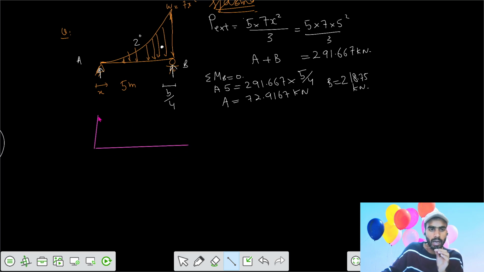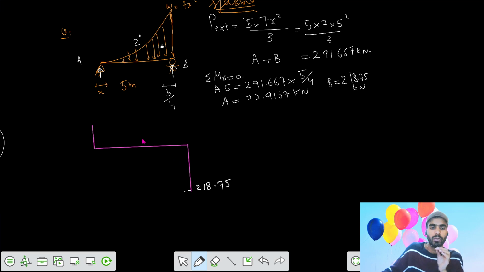Here in the shear force diagram, the shear force value is 72.9167, and since at point B the shear force value is upwards 218.75, there should be a variation reaching that final value because of this external load.